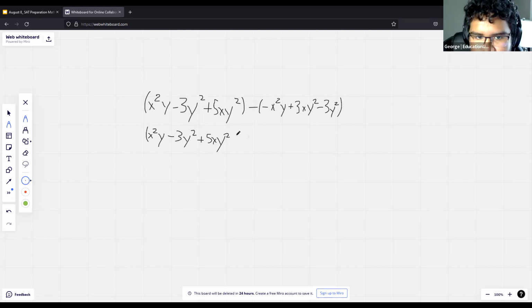And so the way we simplify this to start, this negative times this negative term becomes a positive. So you can think of it as plus x squared y. Oh wait, let's close this off actually. Yeah, plus x squared y, since we multiplied this. Next, we multiply this negative sign by this term, 3xy squared.